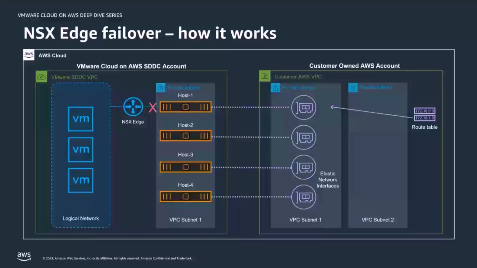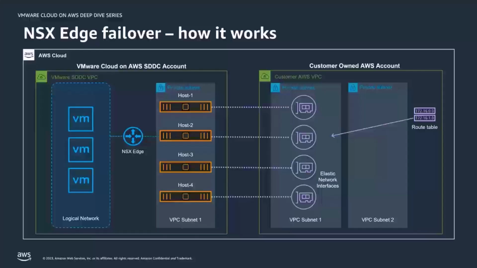Now, how is the situation going to be handled if we have an NSX failure or a physical host failure? NSX is working as a pair, so you have active and standby edges. When the active edge fails, or the physical host fails, or the appliance itself, your traffic is going to be rerouted to a standby device, which is now promoted to active.